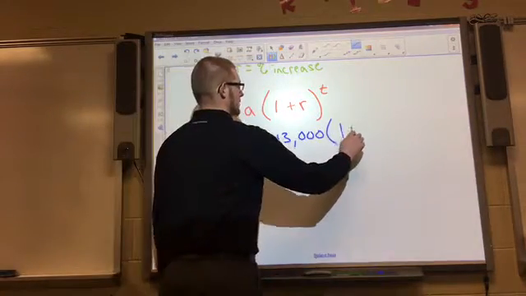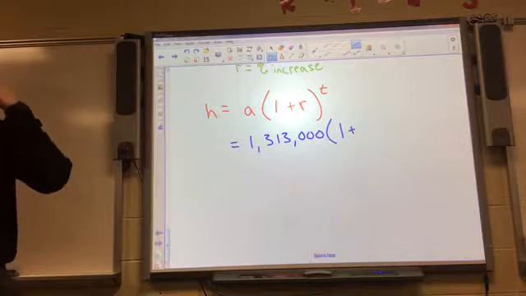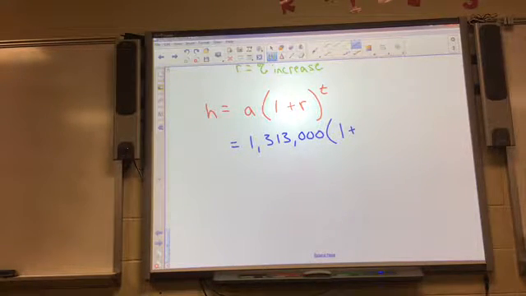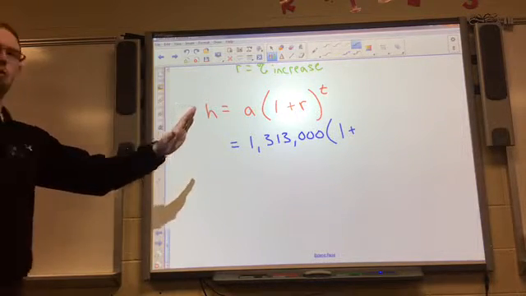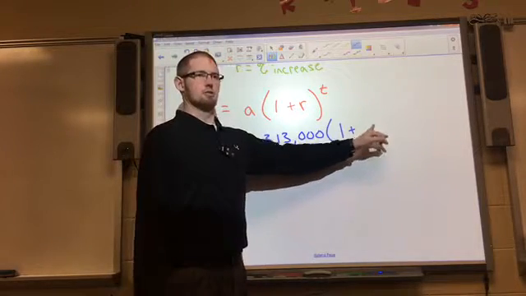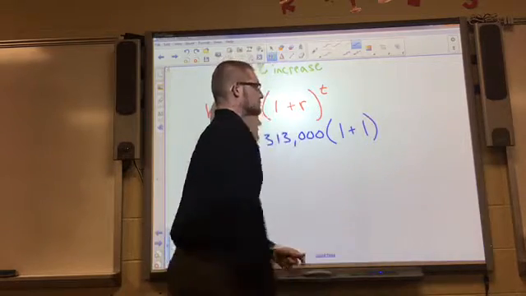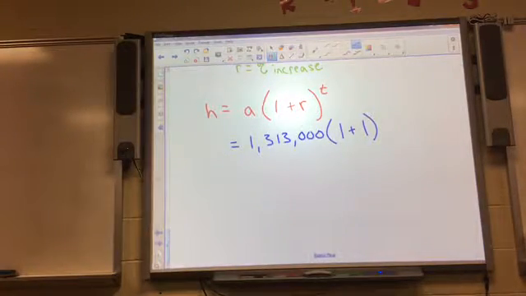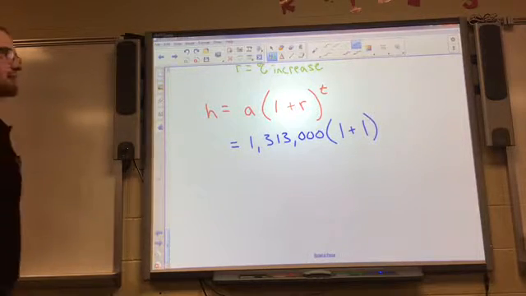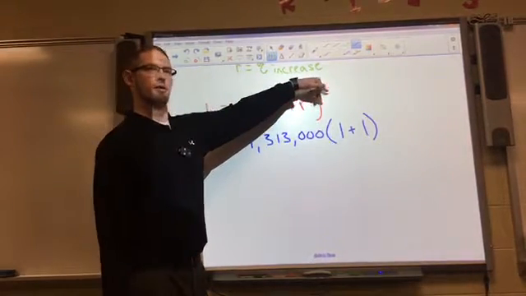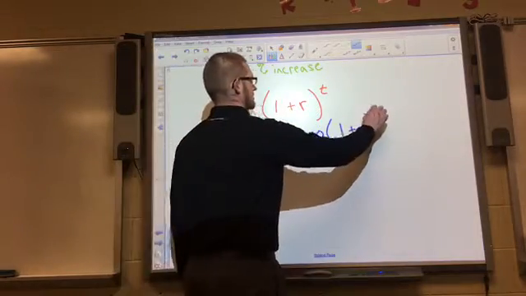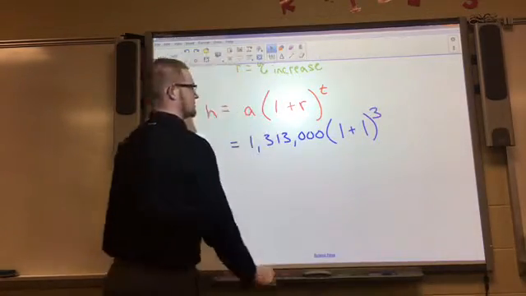No. My r is my percent increase. What percent do I increase by? 100. Now, that's a percent, and when I'm actually using a percent, I use the decimal version, which in this case would be 1. And it tells me that we want to know how many hosts there were in 1996. So what's my time in years going to be? 3, because from 1993, that's 3 years away.